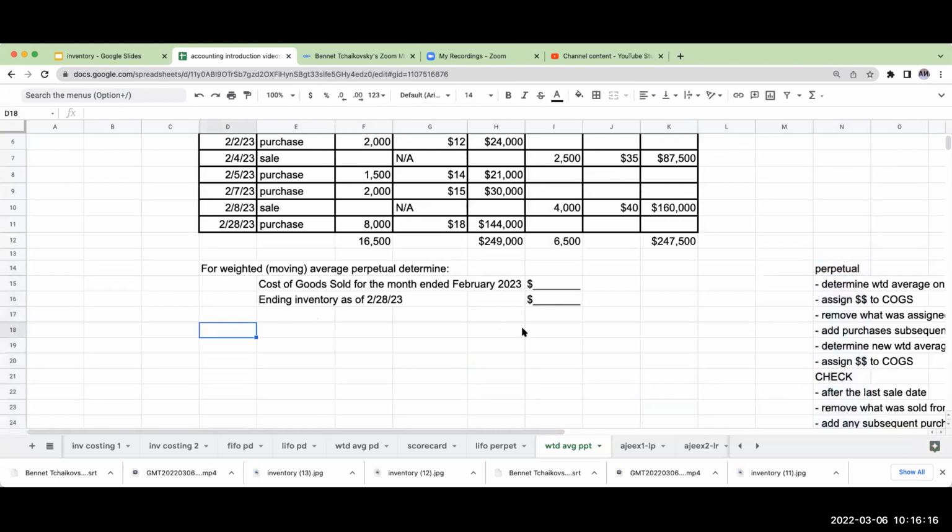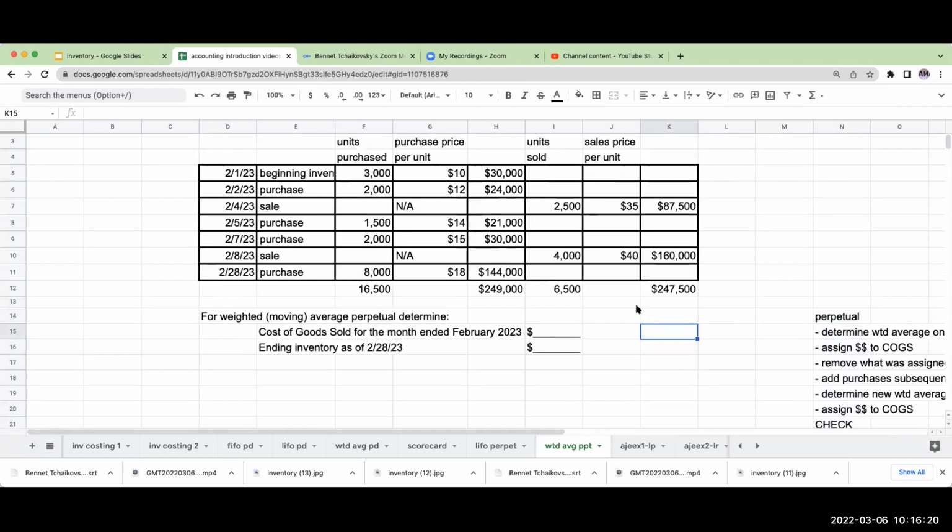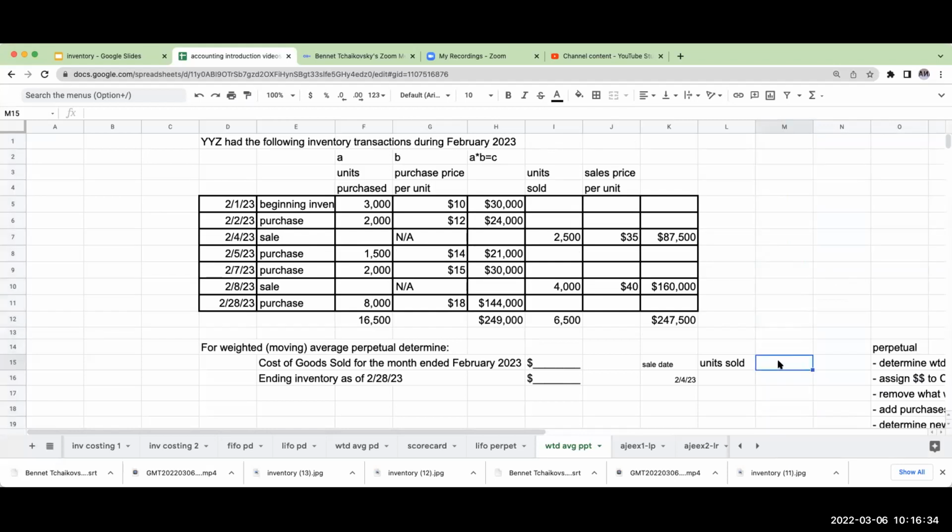Now, I'm going to do something a little bit differently here when it comes to weighted average. My sale date is going to be 2/4/23. My units sold was 2,500.